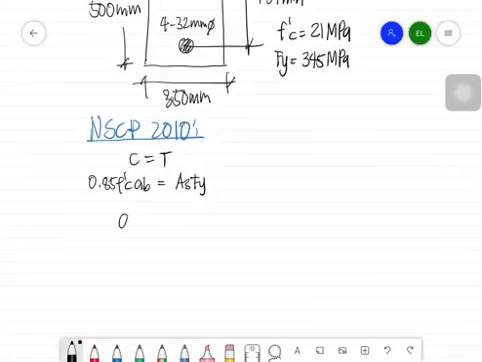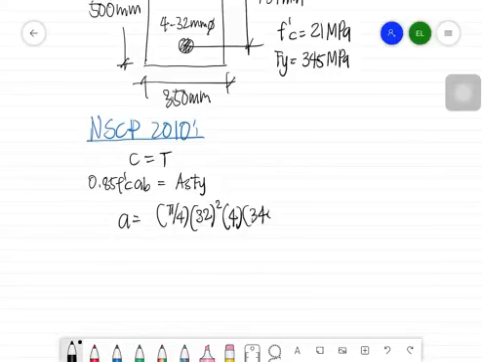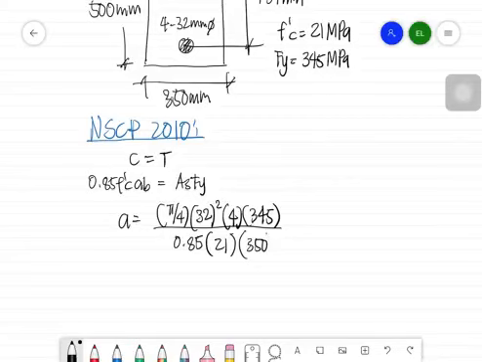So a is equal to pi over 4 d squared, 32 mm, times 4, times 345 fy, all over 0.85 f'c, which is 21, then b is 350.